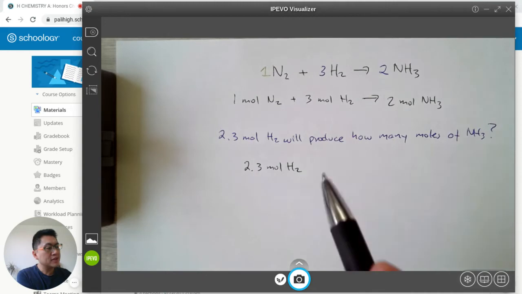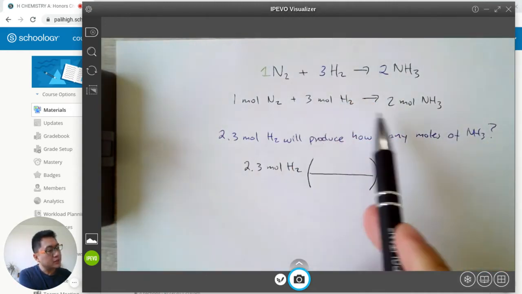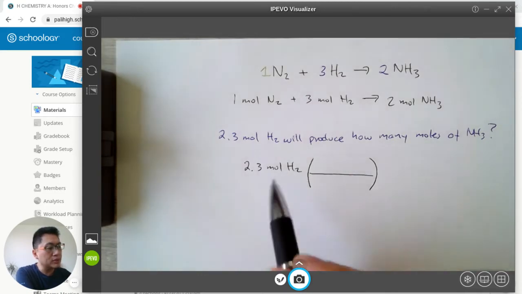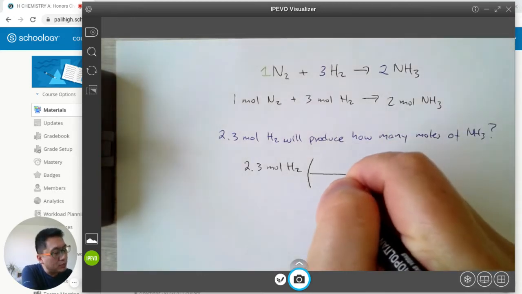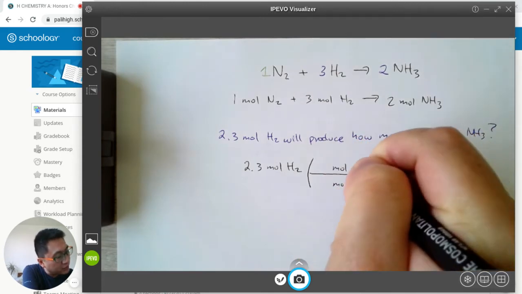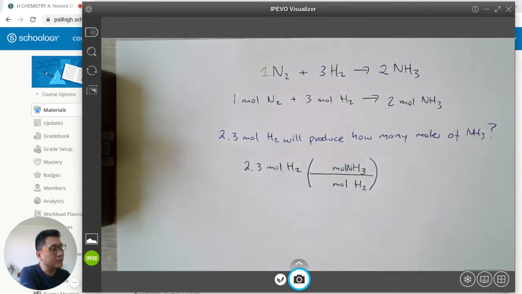Well, since I want to, I'm going to multiply it by the mole ratio. Either 3 to 2, 2 to 3. Now, how do I know what goes on top, what goes on bottom? Like what we did in dimensional analysis, because I want to cancel out the moles of H2, I need to put moles of H2 at the bottom, and therefore moles of NH3 on the top.